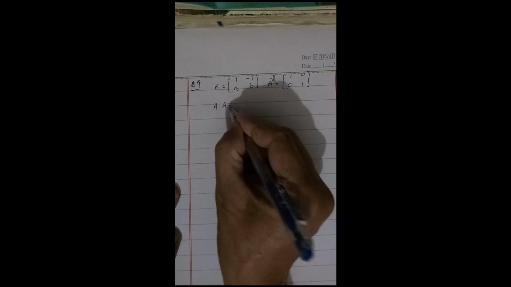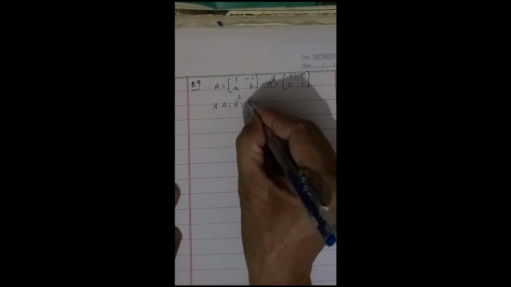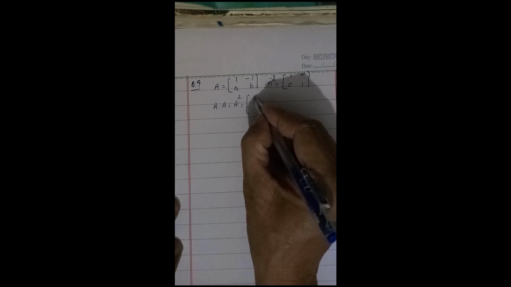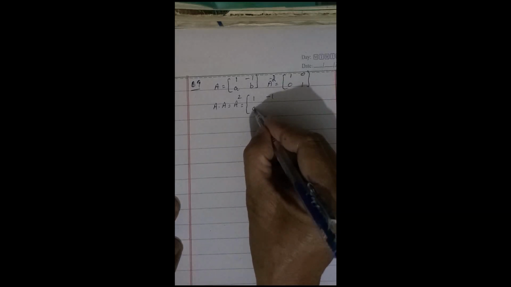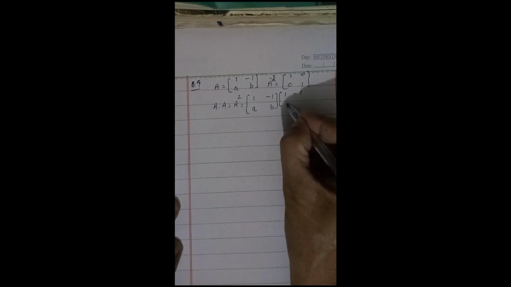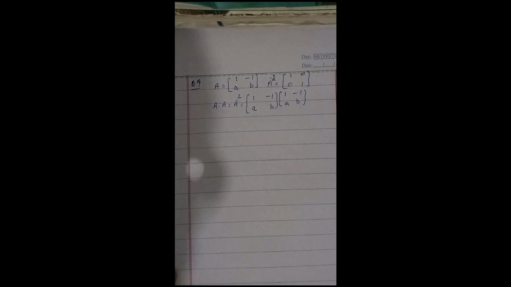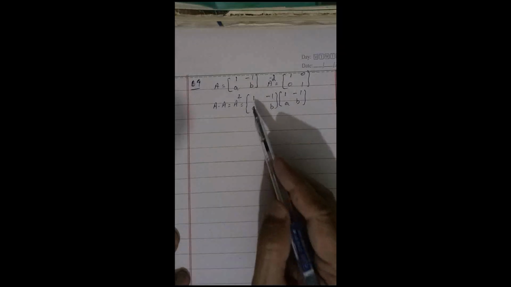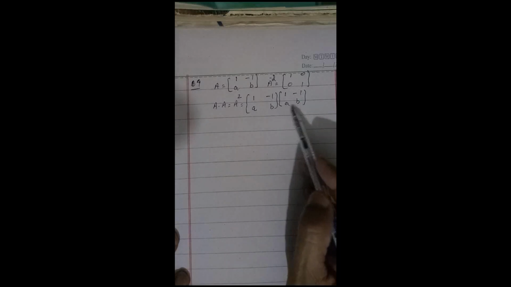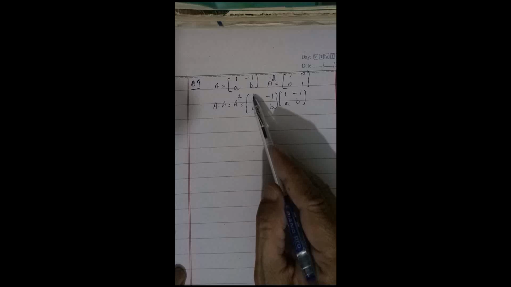A into A is equal to A square, which means matrix A is multiplied with the same matrix A, which is [1, minus 1; a, b] and [1, minus 1; a, b]. When we multiply two matrices, the rule is that the columns of matrix 1 equal the rows of matrix 2. This is 2 columns and 2 rows, so we can multiply them easily.